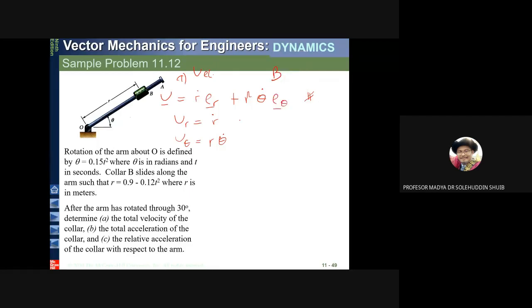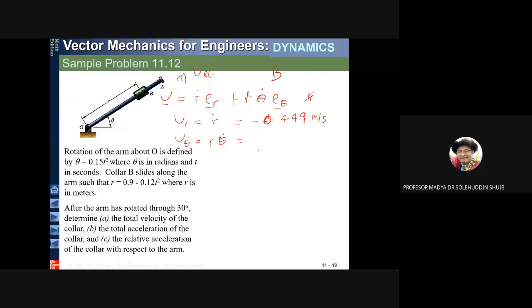So you have r dot, which is minus 0.0449 meter per second.